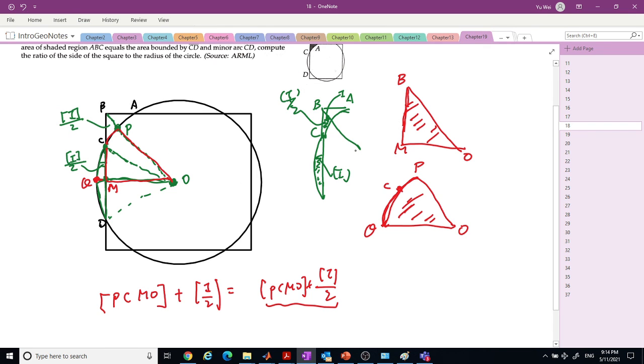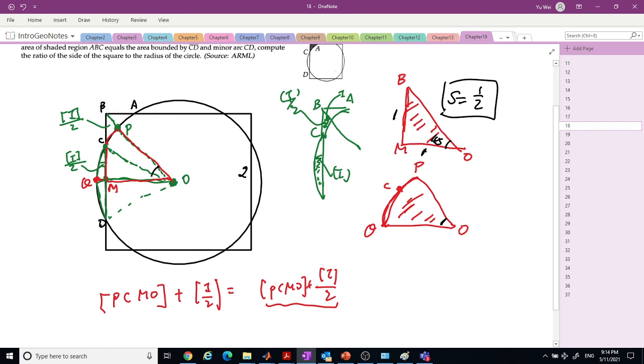Now let's assume, because it doesn't matter, the side length is 2. So MO is half of the side length, which is 1, and MB is half of the side length, which is 1. This is 45 degrees, so this triangle is easy to calculate, and the area is half. But how about this sector?